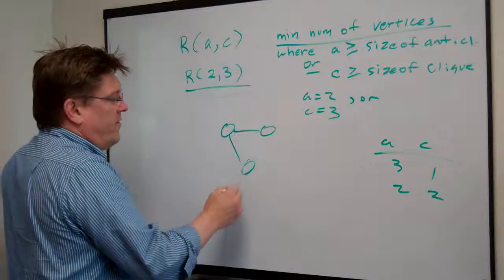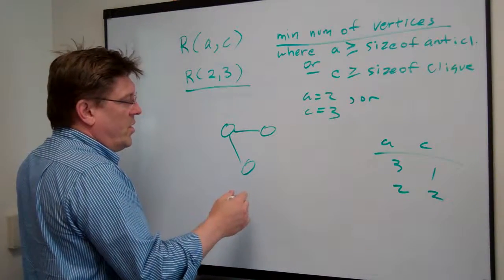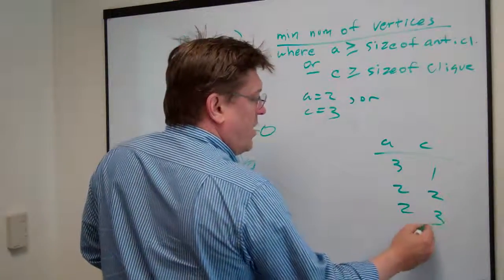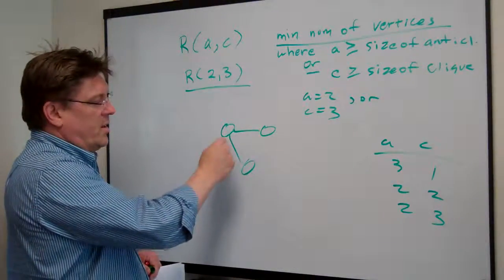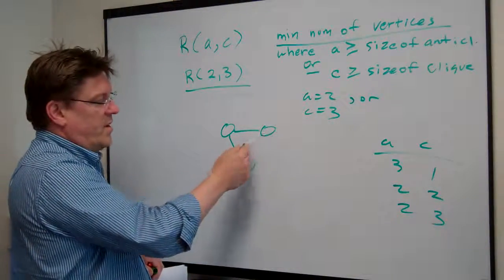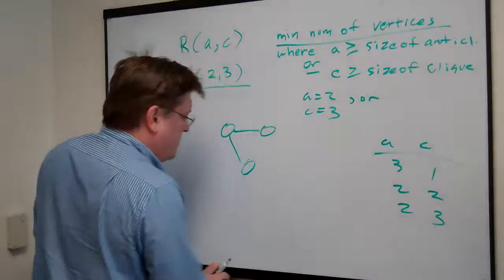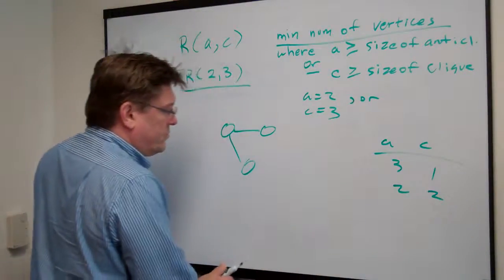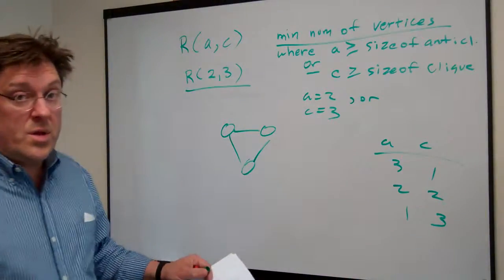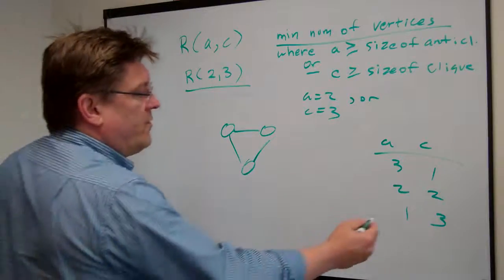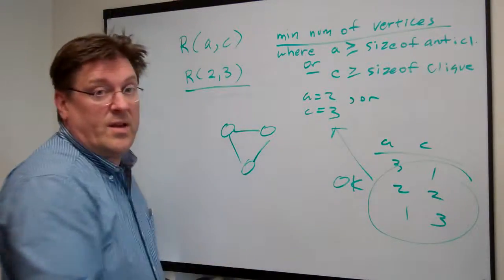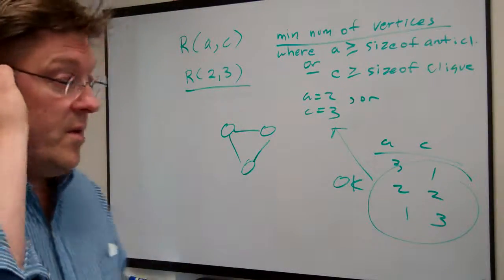Or we can have anti-clique of 2, clique of 3. That's possible. Anti-clique of 2, clique of 2 still. Or we can have a clique of 3 and an anti-clique of 1. Those are the only options. So all of these are okay. All of those satisfy that, so we have ourselves the minimum number.